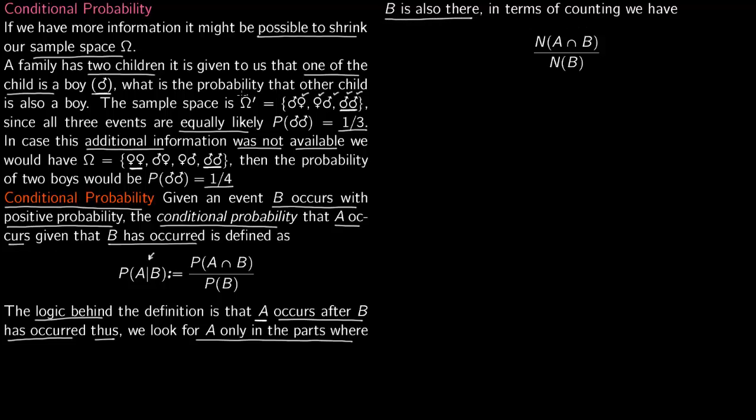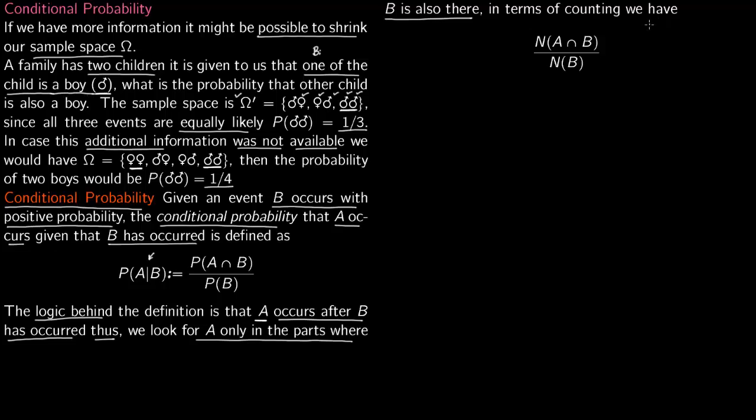So for example, in this example here, we have restricted our sample space, we have made it omega prime, to only that part where there is a boy. So B has already occurred. So here you can say B is that one of the children is a boy.